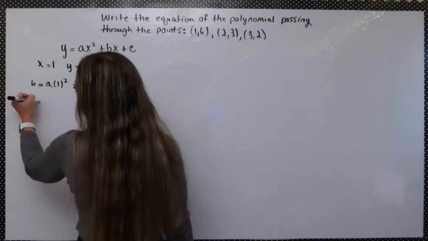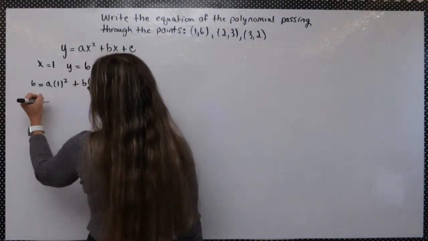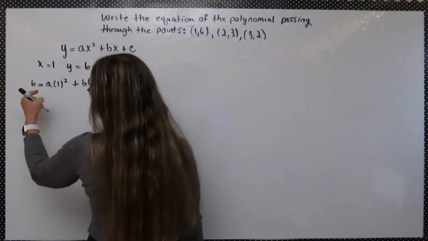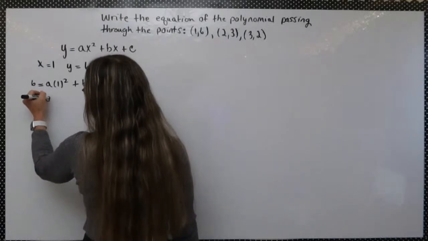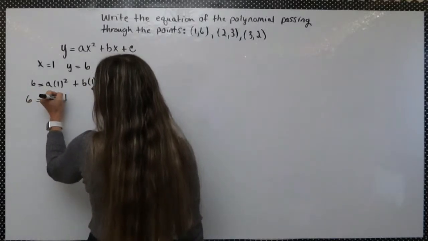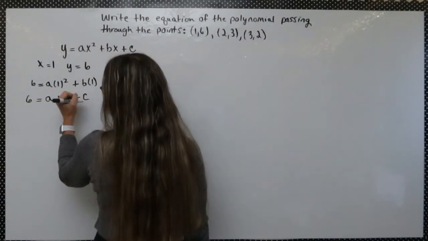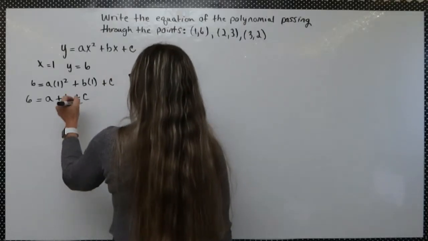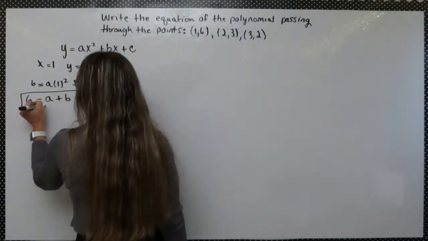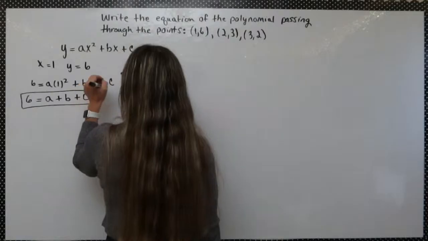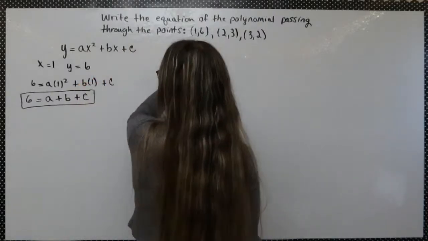Simplifying that, listing the coefficients first, that would just be a plus b plus c equals 6. That's our first equation, and we'll box it. Then we repeat this process 2 more times with the other 2 points.